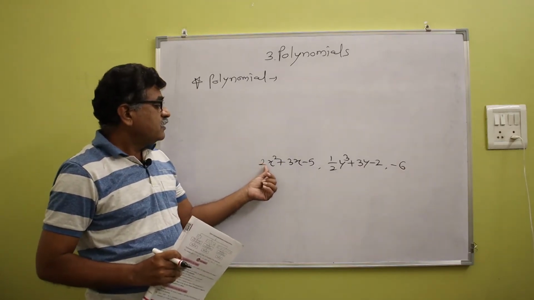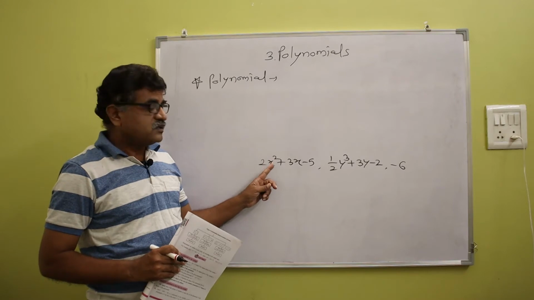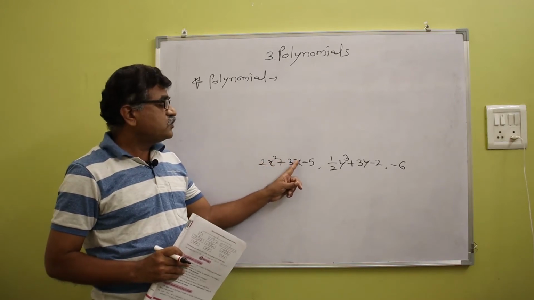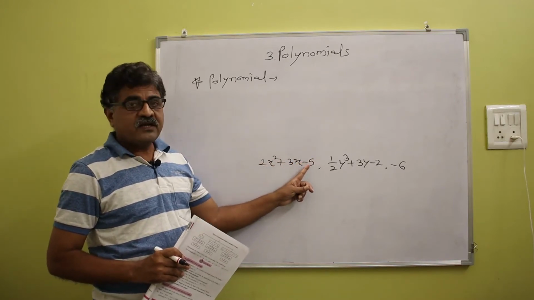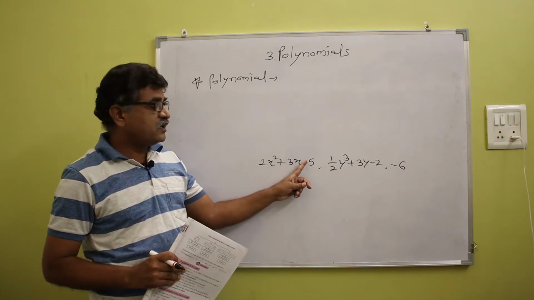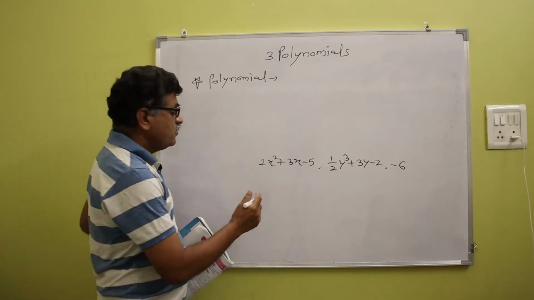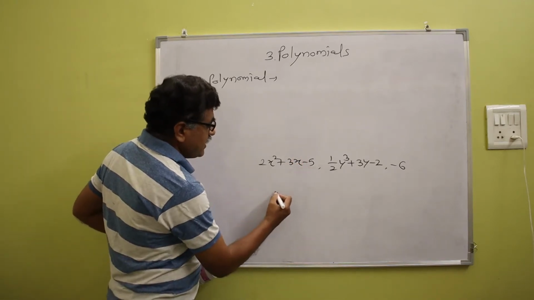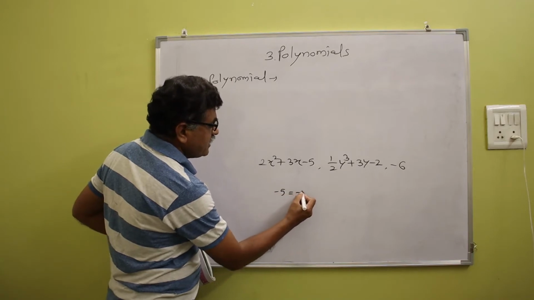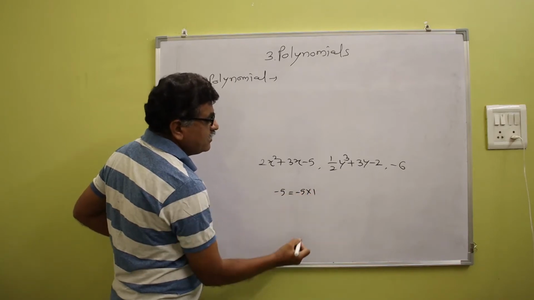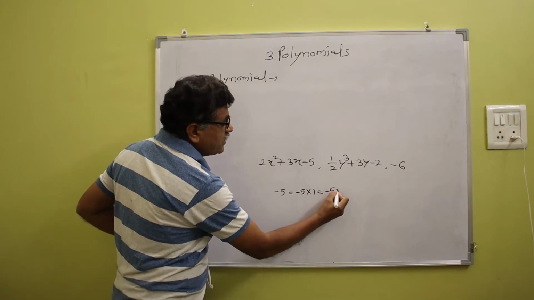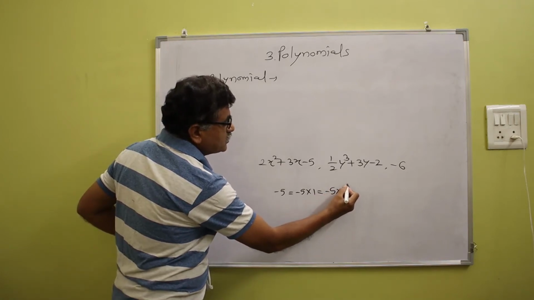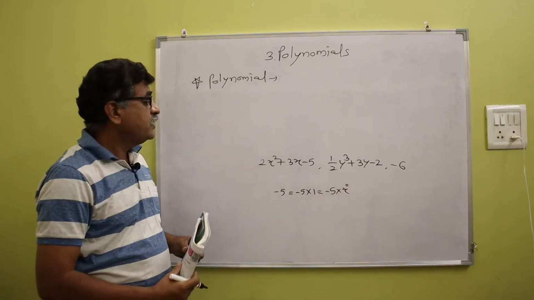Now here the power of variables, that is 2, here is 1, and here minus 5 is a constant term. Minus 5 can be written as minus 5 into 1, which is minus 5 into x to the power 0.